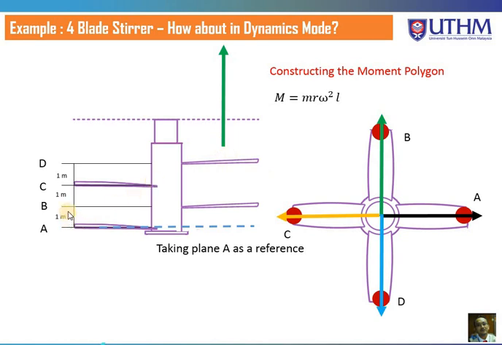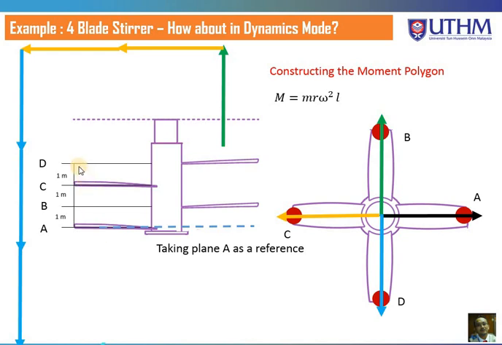Since the distance is 1 meter, we draw one vector over here, followed by the moment polygon of C. Because the distance from A to C is 2 meters, the magnitude will be double that of B. Then followed by D, the moment created by mass D. Since the distance from A to D is 3 meters, the magnitude of moment for D is 3 times that of B. Let's see the moment polygon.